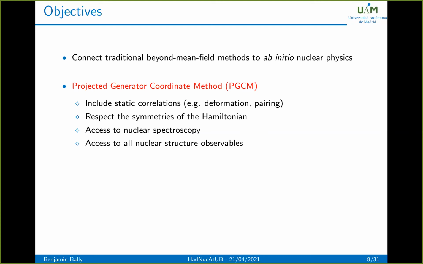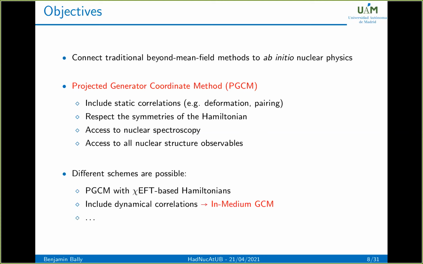And so the question is, how do we connect this projected generator coordinate method to ab initio nuclear physics? The first thing that we can do, the most basic one, is just to take this method as it was originally designed, and to use, instead of an energy density functional input for the Hamiltonian, just chiral EFT matrix elements in your PGCM calculation, and see what comes out.